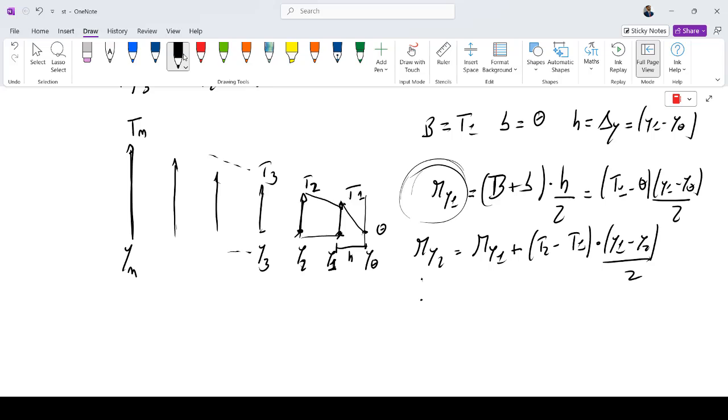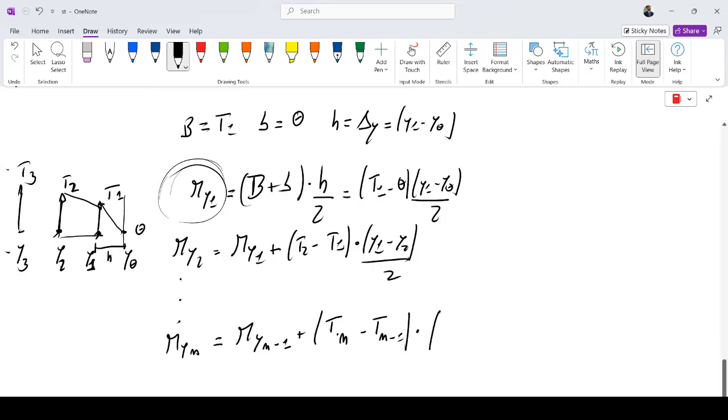So on, my(n) is equal to my(n) minus 1 plus Tn plus Tn minus 1 times yn minus yn minus 1 divided by 2.